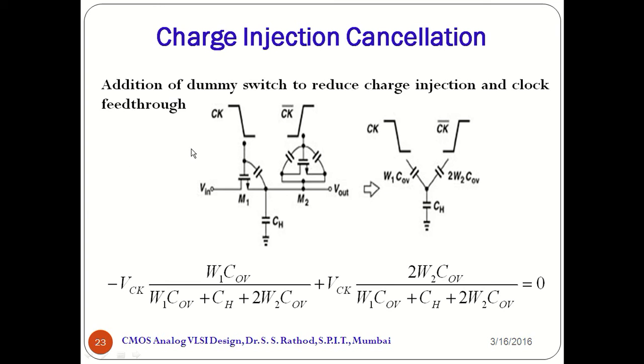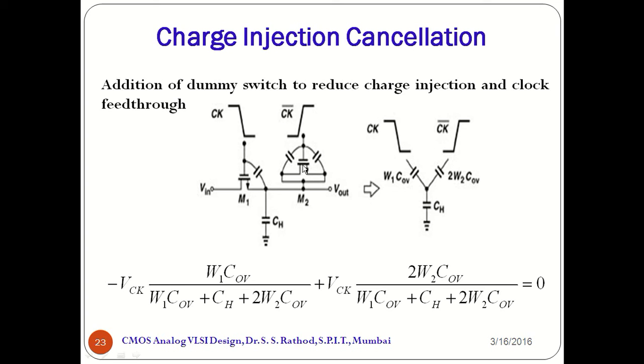This is shown in this figure. That is, there is a clock Ck, it is coupled between the gate and the source, and obviously there will be a coupling of the clock Ck bar for the dummy switch between the gate and the source and the gate and the drain. So there is a common point, that is at Vout, and we draw the entire clock network.